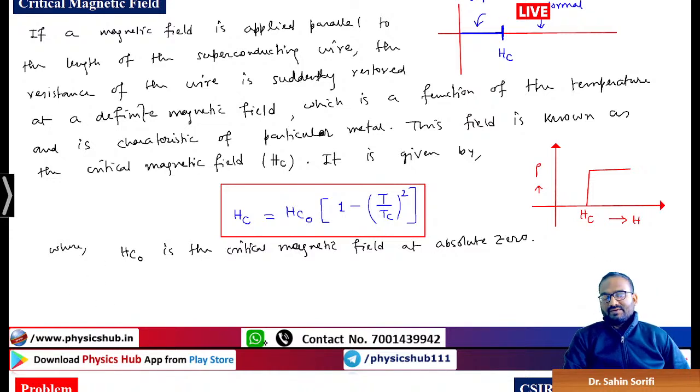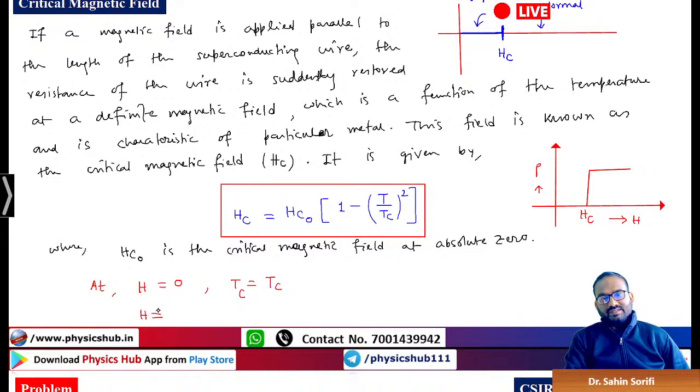If you apply magnetic field, Tc value will decrease or increase. Understood? At H equals to 0, there is no magnetic field, we have got Tc.